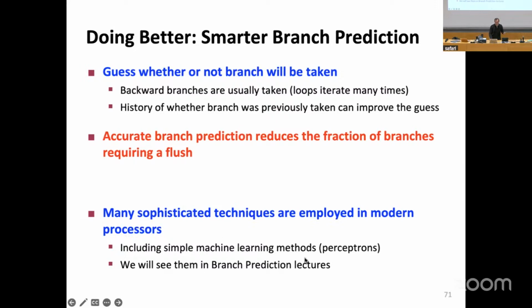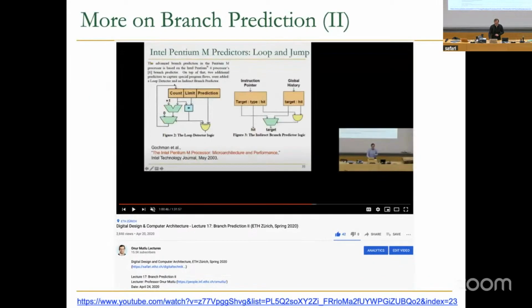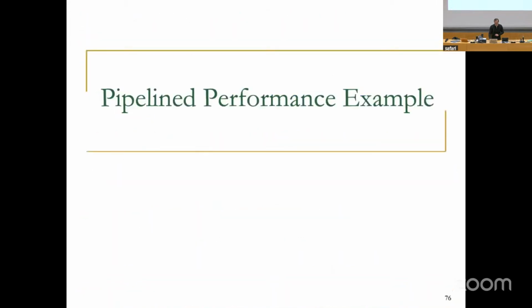In fact, existing machines use simple machine learning methods to learn as well. Simple, because hardware implementation of complex machine learning methods is too slow for high frequency operation. And we will see a lot of these in branch prediction lectures. It'll be a fascinating overview of what people have done in 60 years of branch prediction, let's say. If you're impatient, you can watch the earlier versions. But hopefully not, we'll get to it.